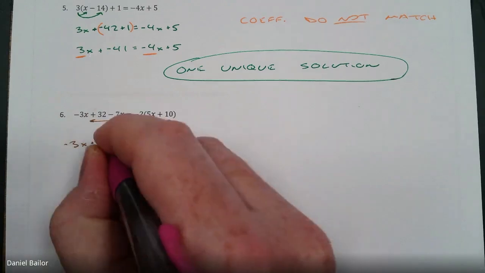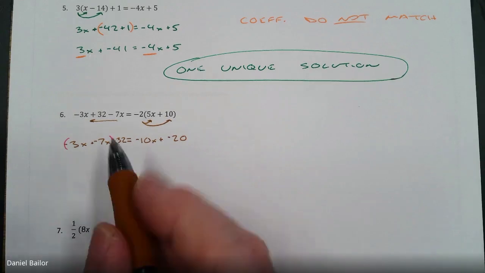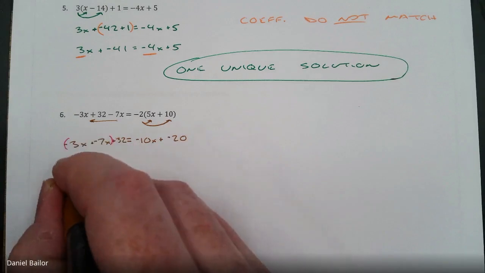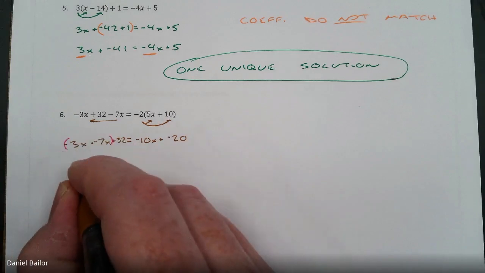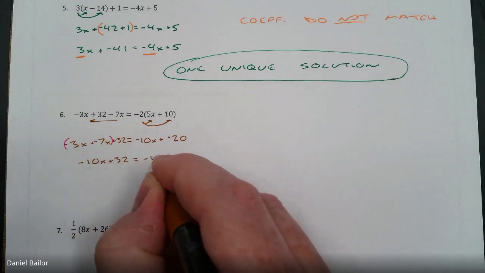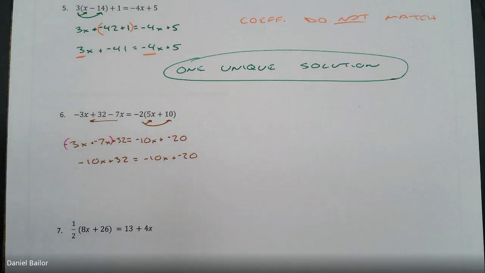Now I'm going to use the associative property. I'm going to put the negative 3x and the negative 7x together. Negative 3x and negative 7x is negative 10x plus 32 equals negative 10x plus negative 20. It's simplified, so now I can look for my evidence. I can use my rules from page 61 to find this.